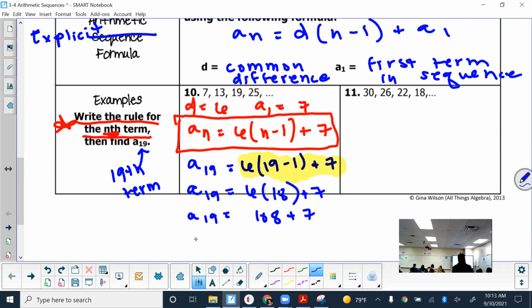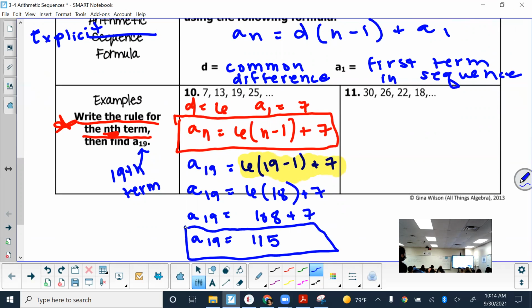And then plus 7 is 115. All right, and that's my answer. That's my 19th term, is 115.